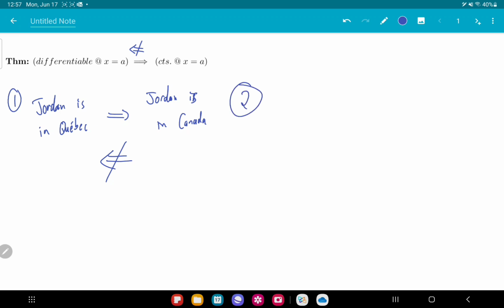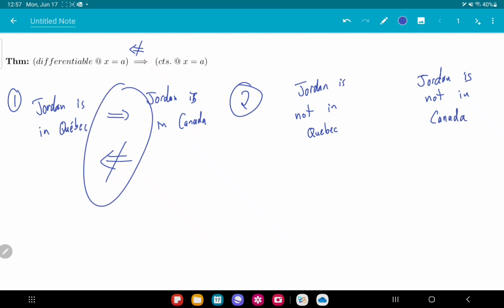The other thing is that if you negate, if I have the statements Jordan is not in Quebec, and then I have the statement Jordan is not in Canada. What happens to these arrows?